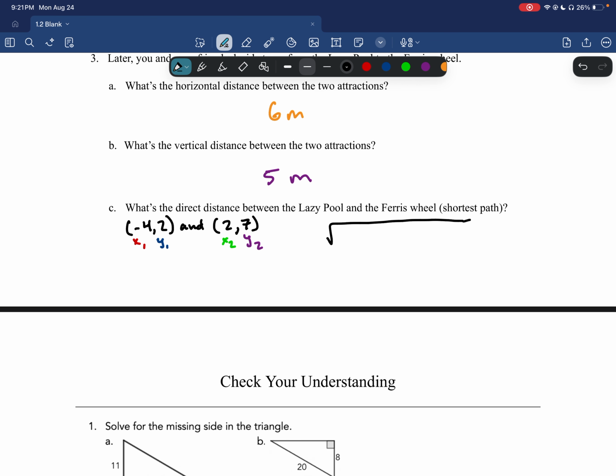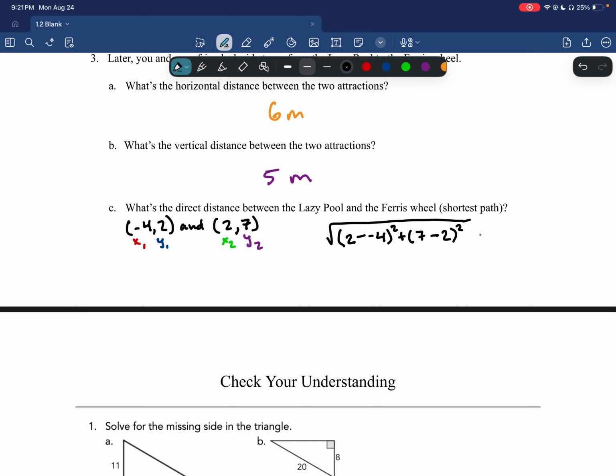Okay. If I'm plugging that into the formula, I've got x2, which is 2, minus x1, which is -4. That is being squared, plus y2, which is 7, minus y1, which is 2, being squared. Okay?